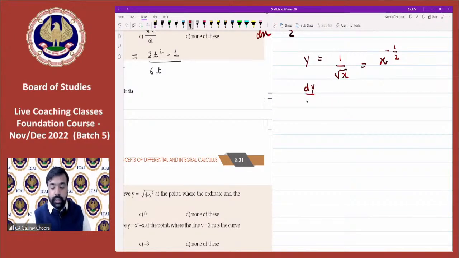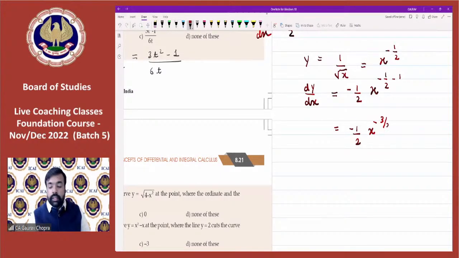Now, for y, we can write dy by dx. Now, x to the power of minus half is there. Minus half will jump forward, and the power of x will reduce by 1. So, minus half, minus 1. How much will it become? X to the power of minus 3 by 2.